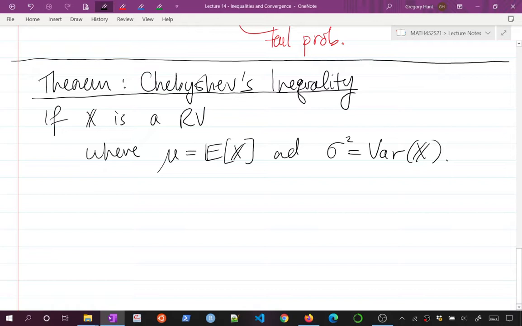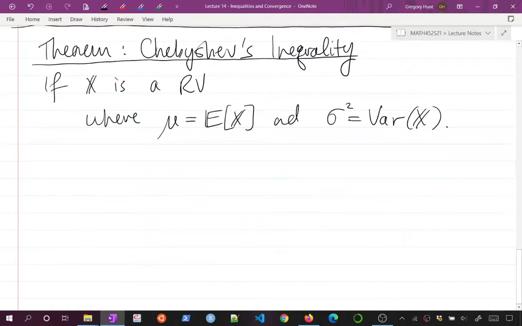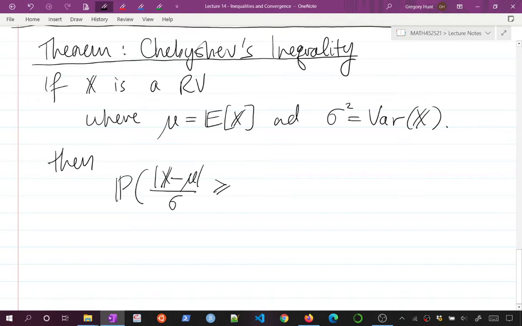So it has a mean mu and a variance sigma squared. Chebyshev's inequality says that the probability that the absolute value of X minus its mean, over the standard deviation, is bigger than or equal to some value K is less than or equal to 1 over K squared.